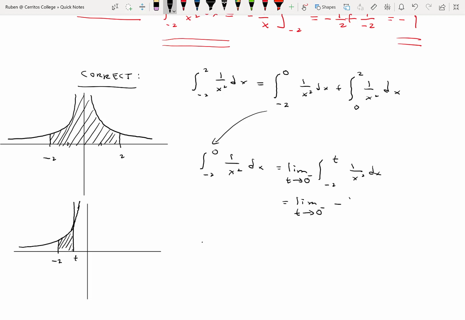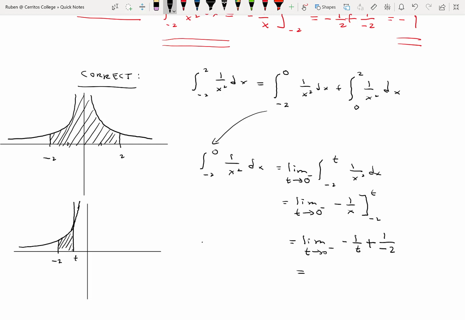The same antiderivative as we've seen more than a few times tonight. So the limit as t approaches 0 from the left, -1 over t. Subtracting the antiderivative gives plus. And keep track of all the minus, but the lower limit is -2.